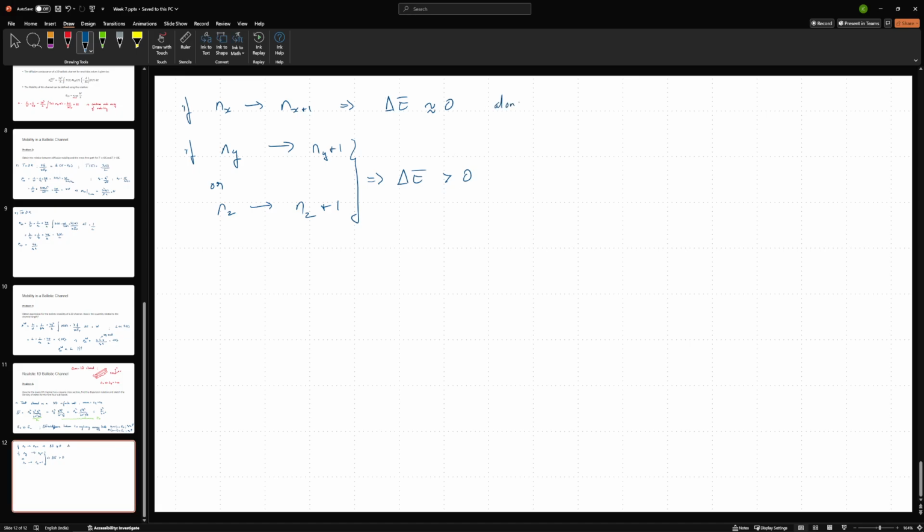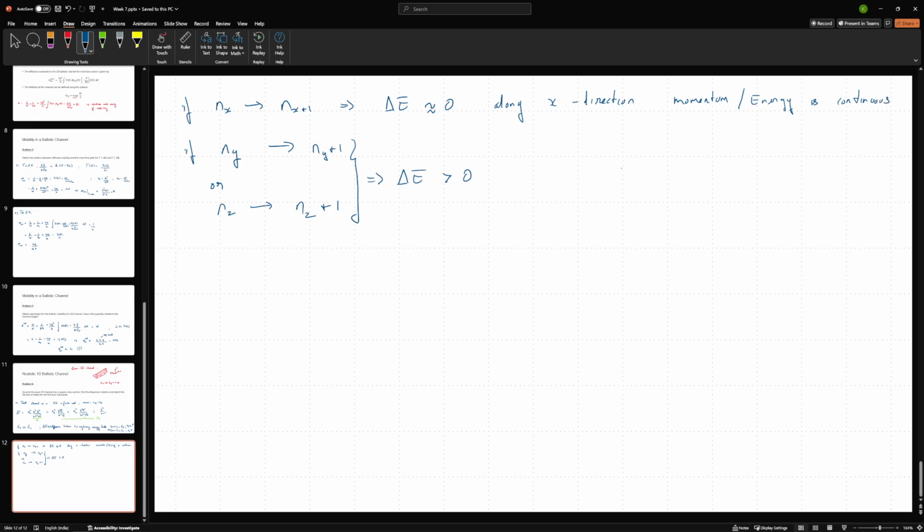So, along the x direction, momentum is continuous.